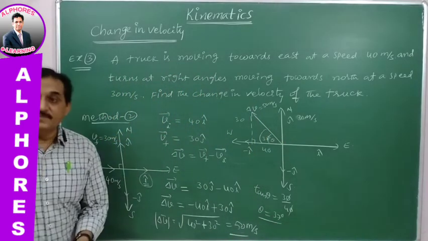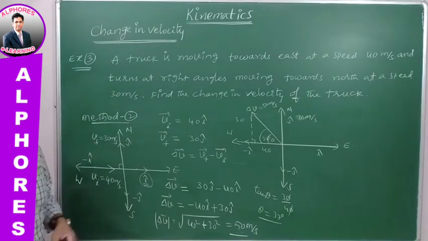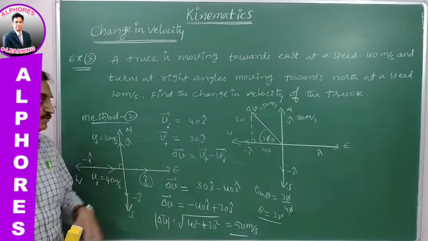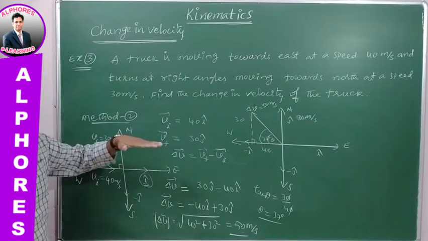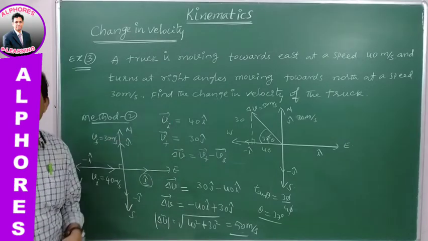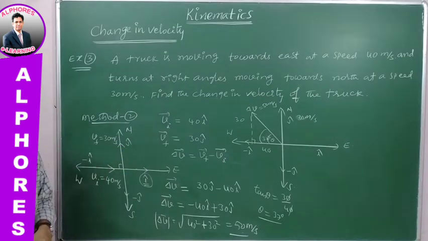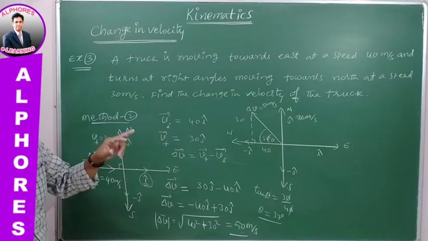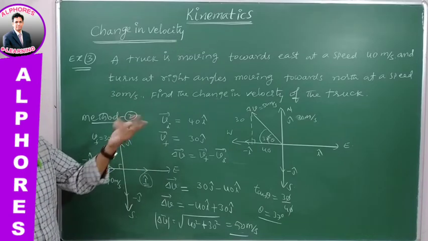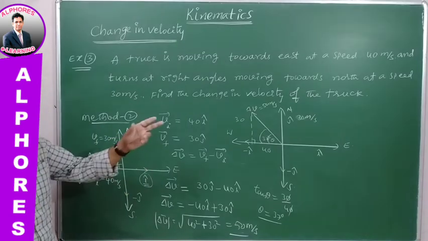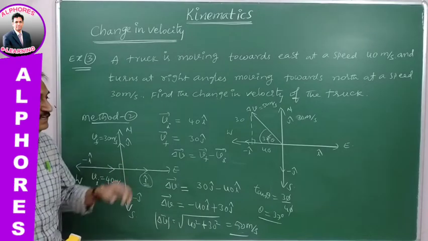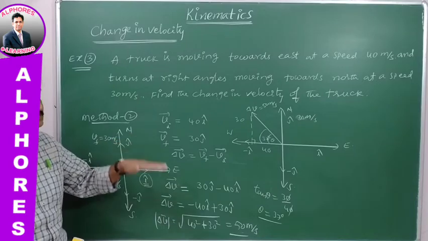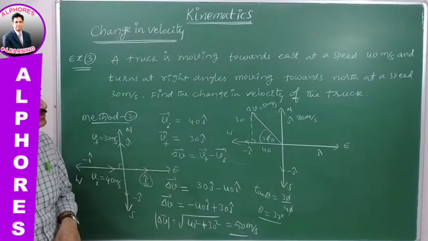Again, the name is given for it. It makes an angle of 37 degree with west. Therefore, east-west is the line which differentiates north and south. Why are we taking east-west as a reference, which differentiates north and south?